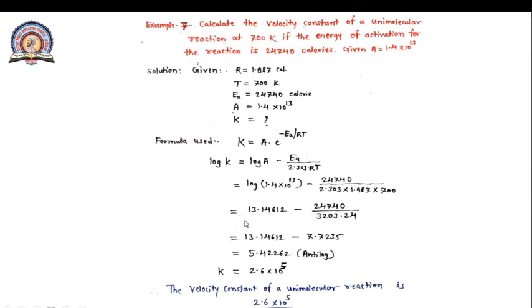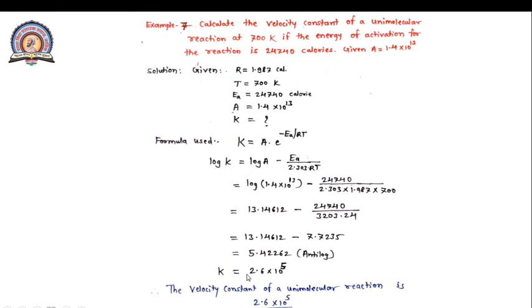The value is equal to 13.14612 minus 24740 divided by 3203.24. Then solving this gives 5.42262. Take the antilog. Then K is equal to 2.6 into 10 raised to 5.